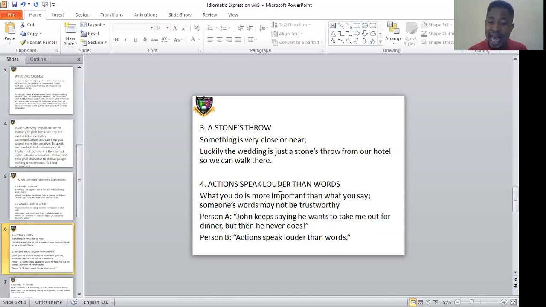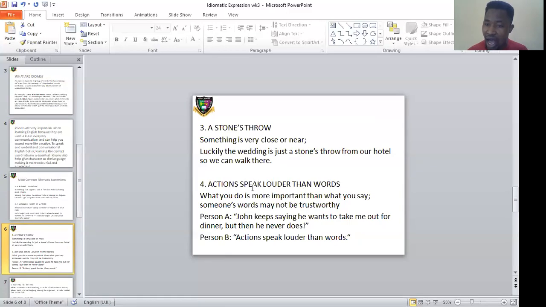Actions speak louder than words. What does it mean for your actions to speak louder than your words? Let's see what that meaning is. Looking at these words literally, you can never get the meaning out of them. That's why you have to learn the meaning of these idiomatic expressions.